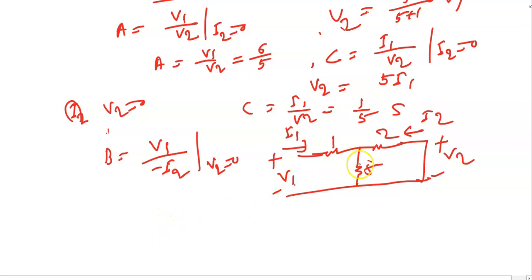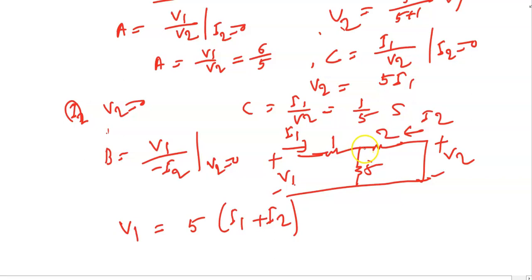If you see here, V1 is equal to 5 into I1 plus I2, but we need to relate the I2 with I1.